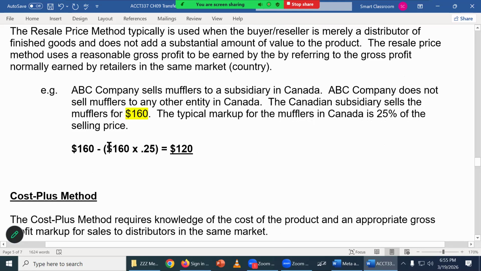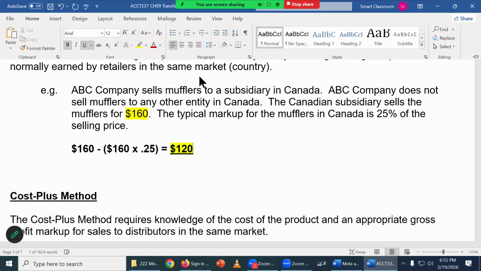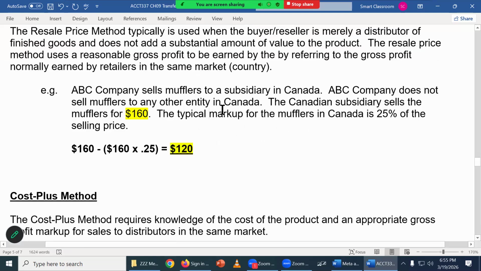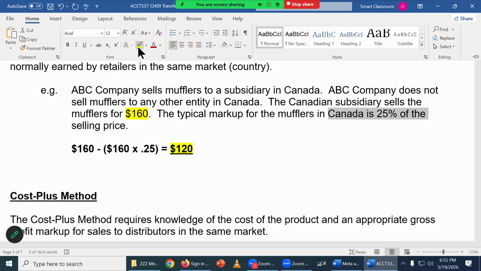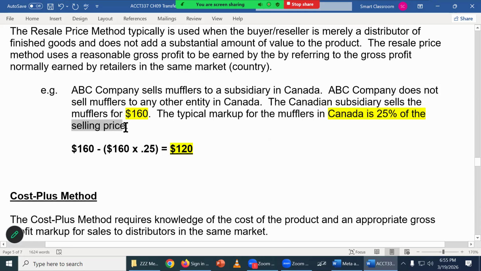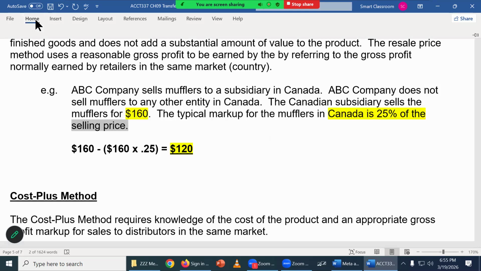So what do they pay for it? 120. And again, that's if the markup is based on the selling price. So 25% of the selling price. If it was 20% of the cost, you'd have to figure out what the cost is.